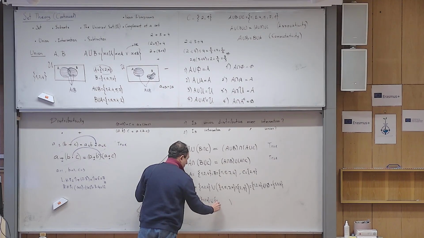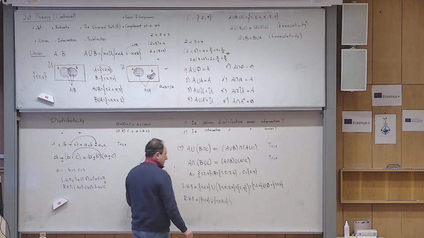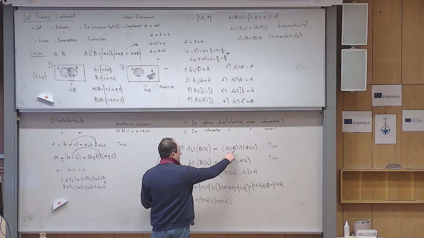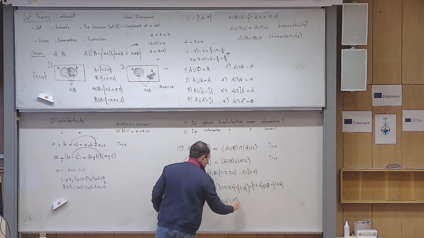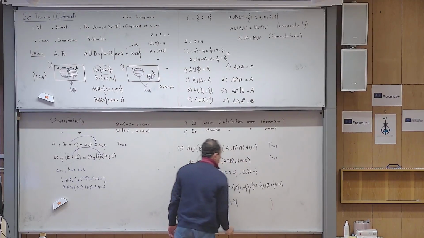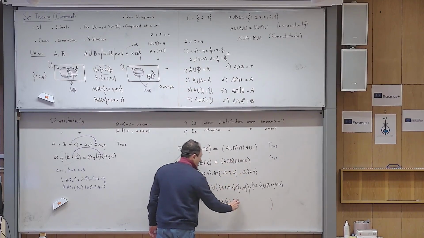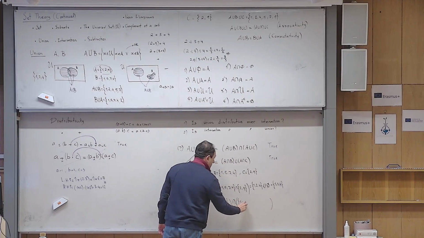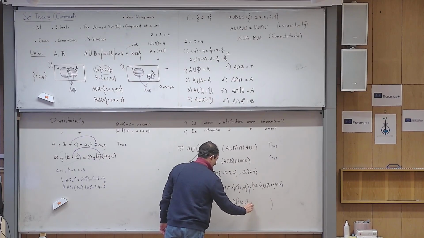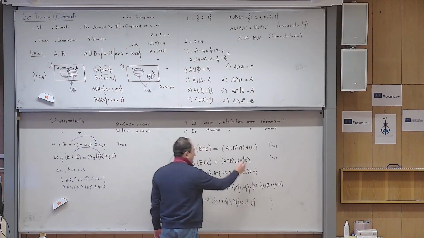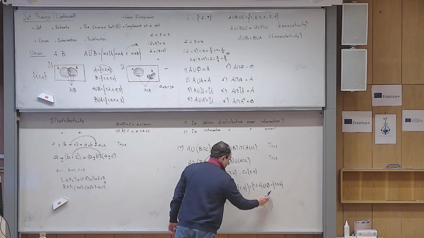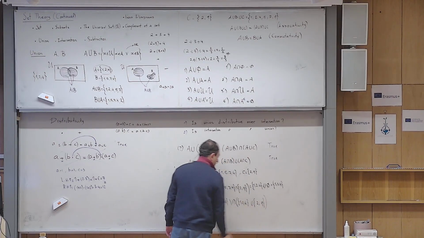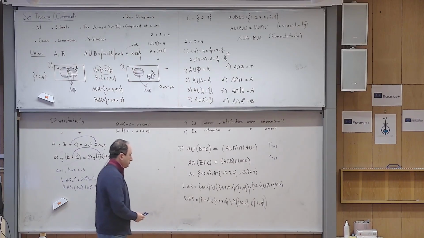Then I put my B. But after that, I have intersection, and then I have another pair of brackets, and then I have A, which is this set, this time union with C, but C is 2 and 9. This is the right-hand side.